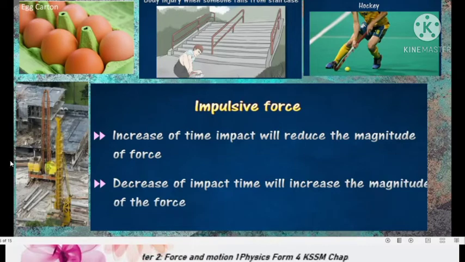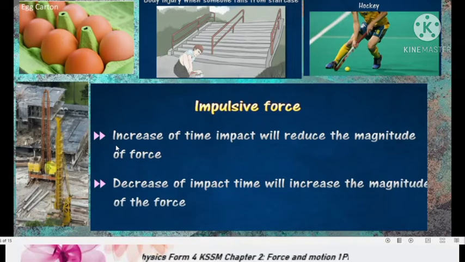And this one is the piling process. There's a pile driver that knocks on the pile so that the pile can be driven deep into the ground. So this all explains the force that acts during a collision. We call it impulsive force.